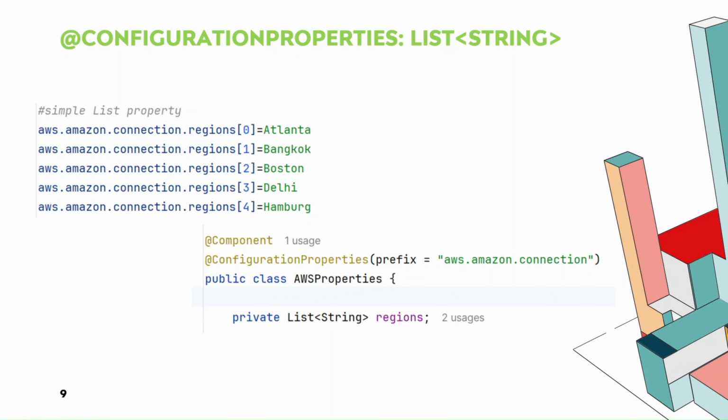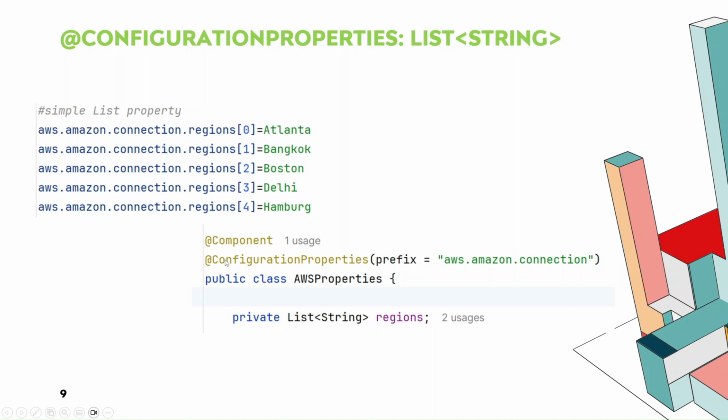Now let's pull more than one value. We are going to pull by using a list. Basically, these are strings. So this list of strings has 5 elements, 0, 1, 2, 3, 4. So AWS Amazon connection will be the prefix, regions will be the attribute name.